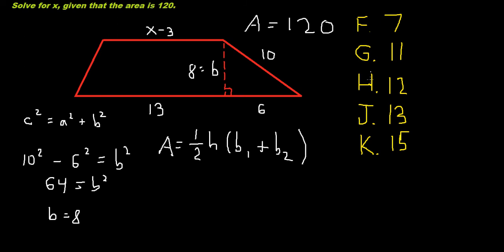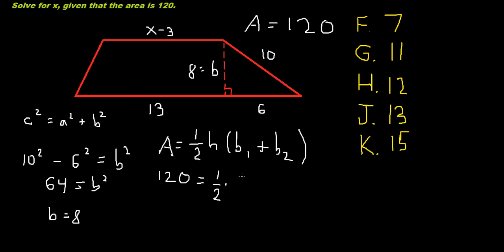Well, now it's a matter of substituting in numbers. So let us substitute things. We already have A, so we're just going to say 120 is equal to 1/2 times h, which we already know. The height is this b length that we already found using the Pythagorean theorem. We have its length, so it equals 8.